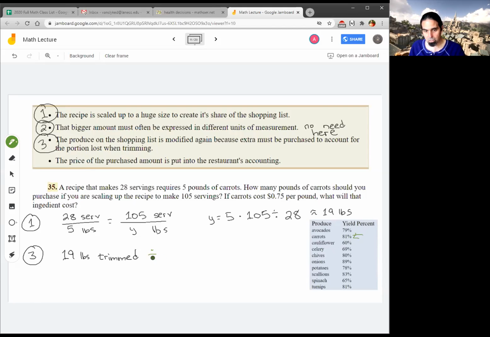So we're going to divide by the 0.81, because 81% is 0.81. And what do we get? About 23.4 pounds. So I'm going to round it up to half a pound.